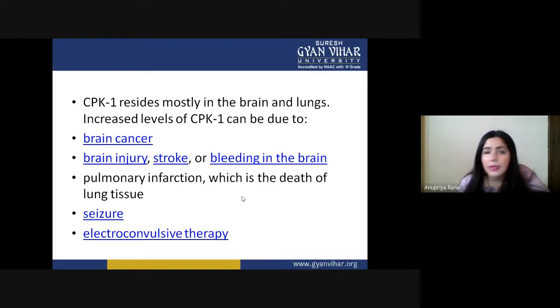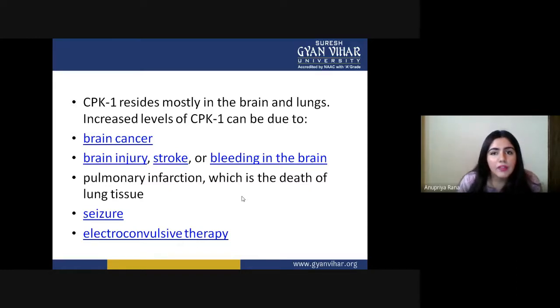They are: first, brain cancer; second, brain injury or stroke or bleeding in the brain; pulmonary infarction, which is the death of lung tissue; seizures; and electroconvulsive therapy. These are the major problems inside the body.